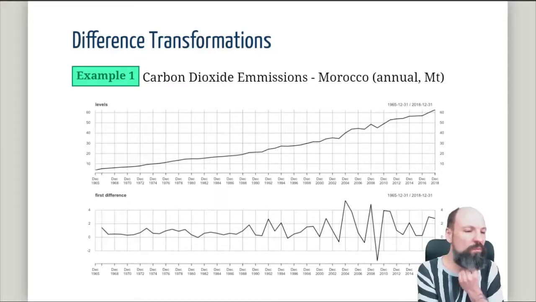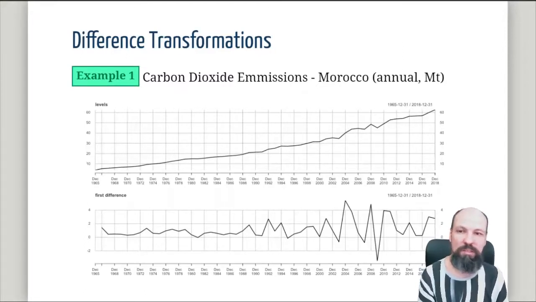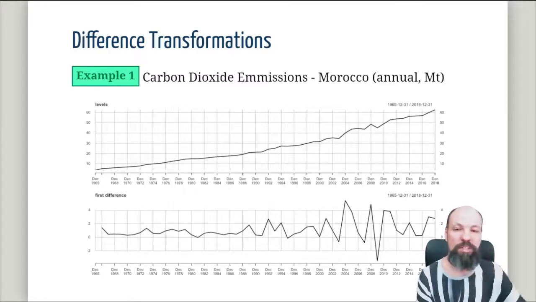You remember from the first practice session, we saw CO2 emissions in Europe, I believe, over pretty much the same period of time. And this is the CO2 emissions in Morocco. What do you think about the stationarity of the initial one, the levels?